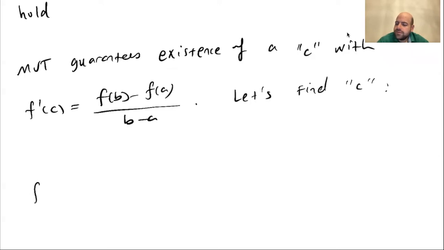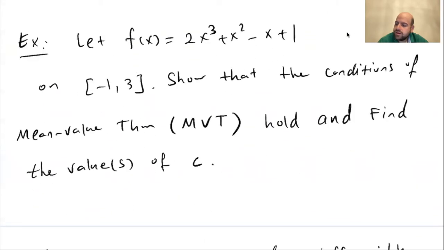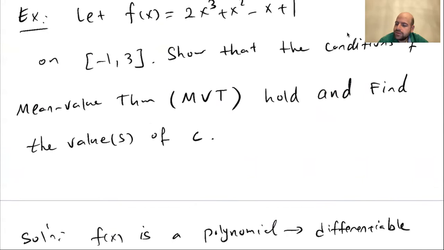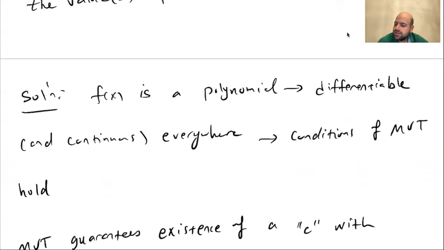So f prime of c has to be equal to f of b minus f of a over b minus a. Now a is -1, b is 3. So f of 3 minus f of -1 over 3 minus -1.